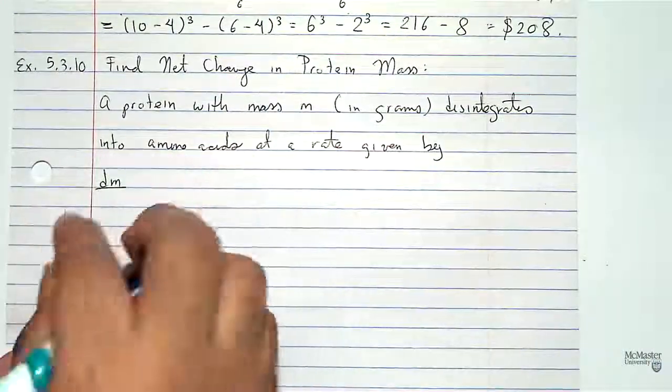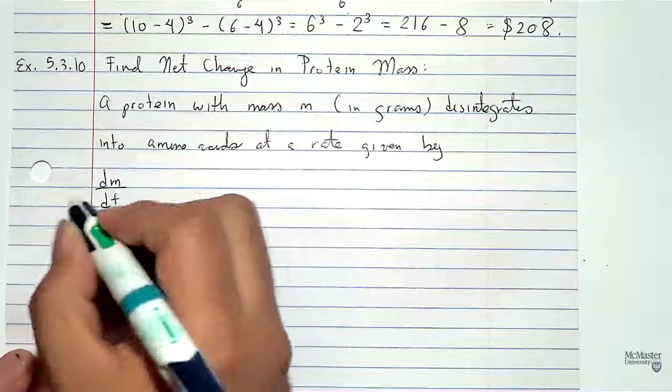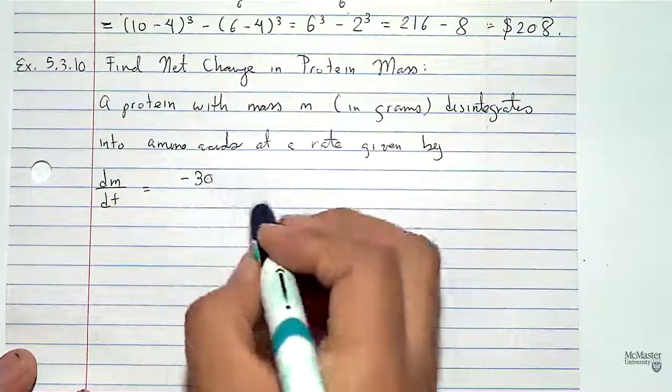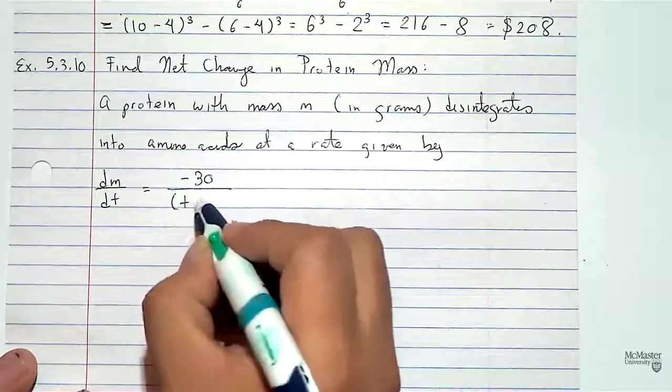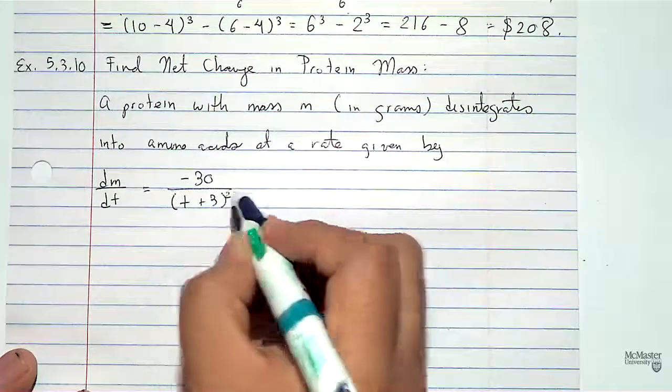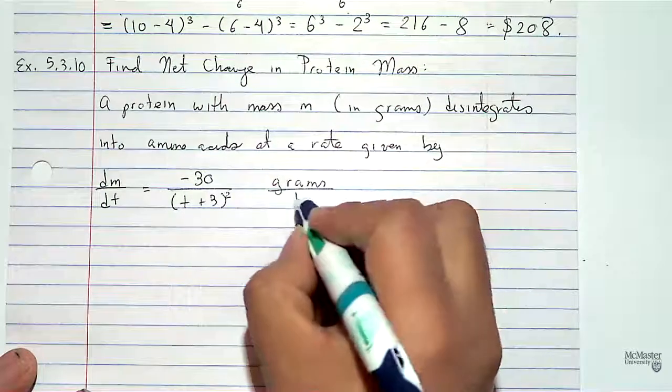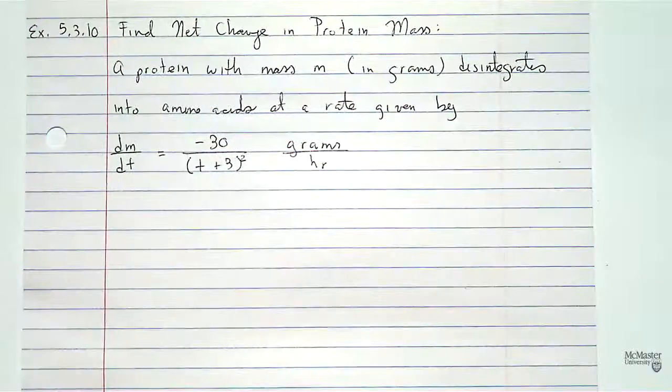Of course this is the rate of change of the mass with respect to time, and the function is minus 30 divided by (t plus 3) squared, and the units are grams per hour. Okay, so you're making your choice of units of time as well.